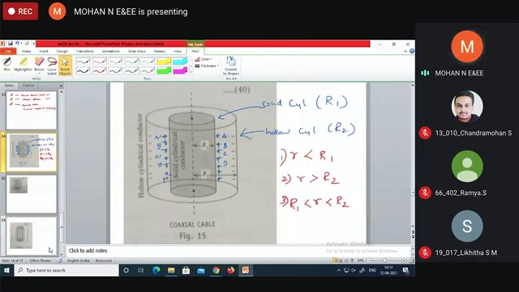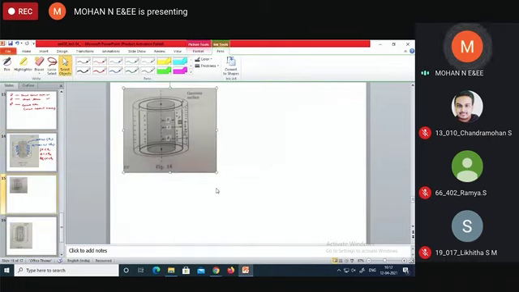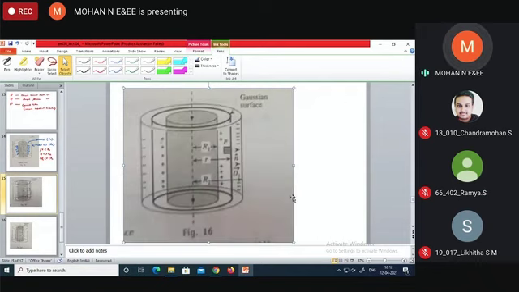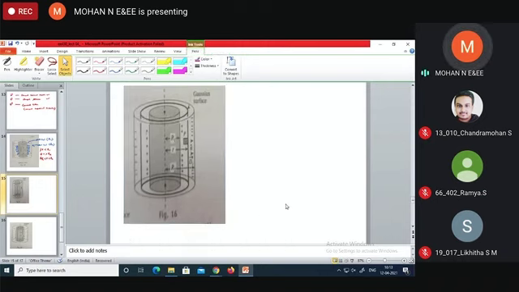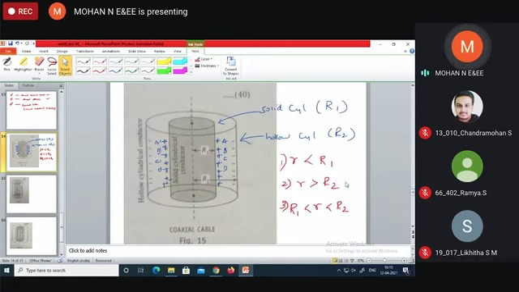Just observe this. We have three regions here: R1 and R2, and R can be less than the radius of the inner cylinder, more than the radius of the outer cylinder, or between the inner cylinder and the outer cylinder.